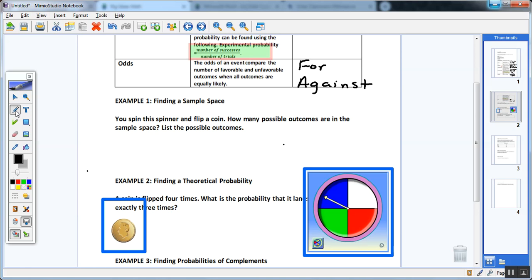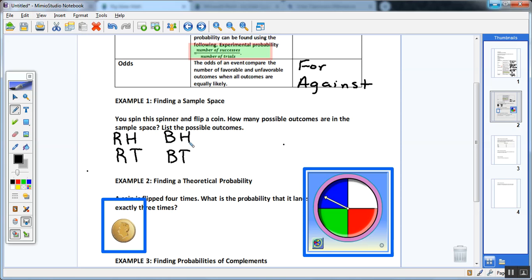Our outcomes, we could have red and heads, right? You guys agree with that? Or we could have red and what? Tails. Okay. What are some other possible combinations here? Blue and tails. I'll put maybe a BT here. And then blue and what? Okay.